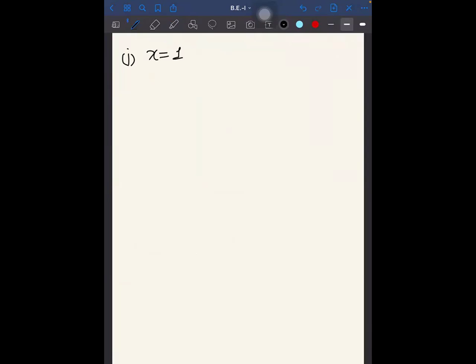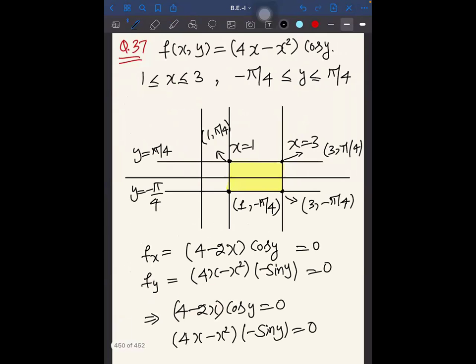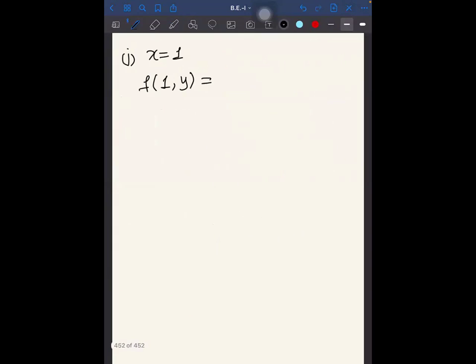So if your x is 1, of course your f(1, y) will become 4 minus 1, 3 times the cos y, so 3 cos y. Now you pick f dash, that is minus 3 sin y, and put it equal to 0.